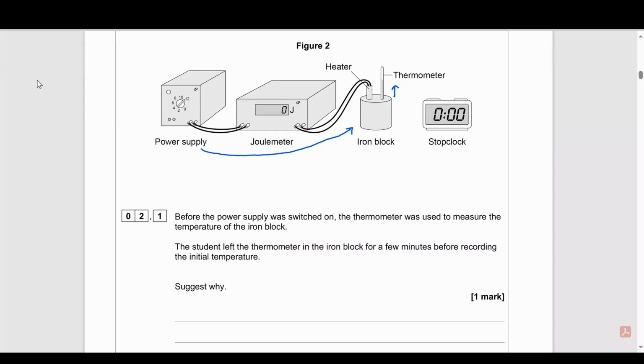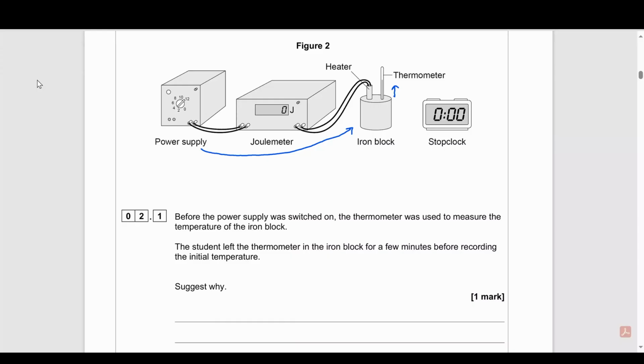But why do we want the thermometer to remain in the iron block first? Well, the thermometer itself is going to be recording the temperature, and it will be doing that constantly. No matter where the thermometer is, it will be recording the temperature. So if the thermometer is placed in a room, it will be recording the temperature of the room.